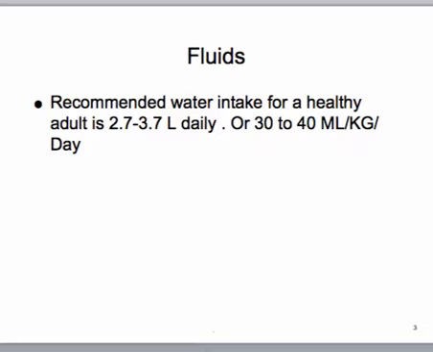Using this formula, a 90 kilogram patient would require 3,120 cc's of water. Can you calculate your own fluid needs? Why don't you take a minute and try to do so.